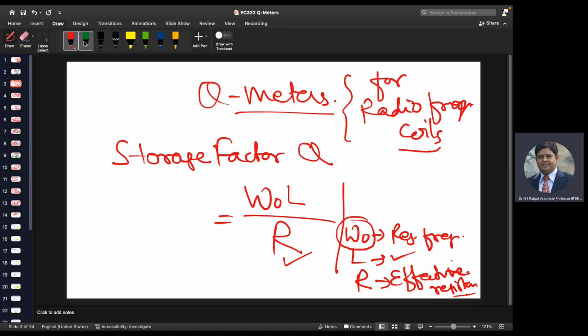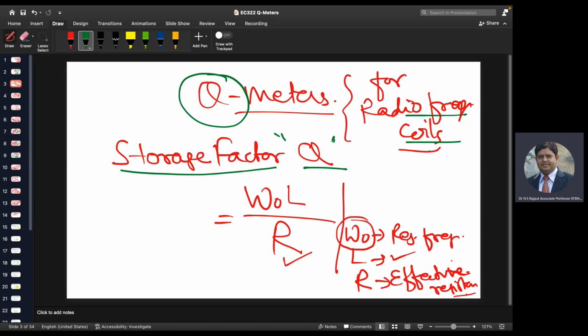So what we saw was that Q meters are typically used to measure the quality factor of coils at radio frequencies. Okay, then this Q parameter is also called the storage factor Q, right? So Q is known as quality factor as well as storage factor.